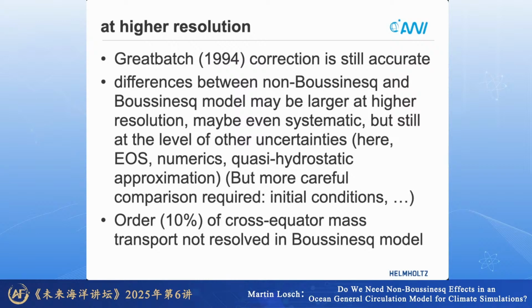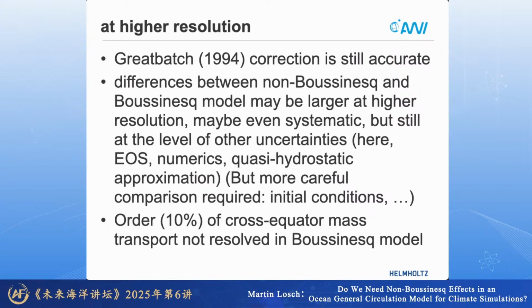I can't give you a yes or no answer to my initial question of whether we would need non-Boussinesq models. It definitely makes sense to use the Boussinesq models, so the mass conserving models, for sea level studies. I showed you one case where the correction becomes more difficult, and you would have to think and work a lot if you think about corrections in other areas.